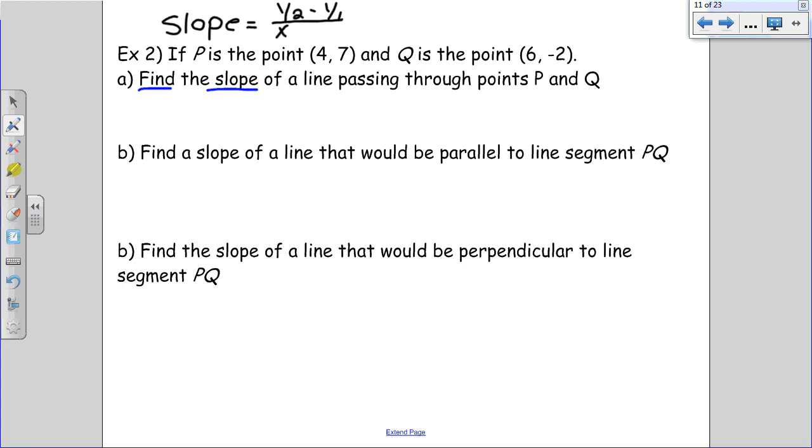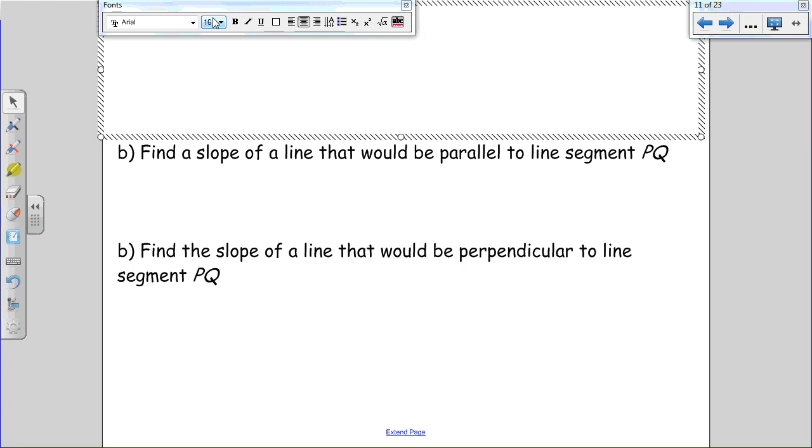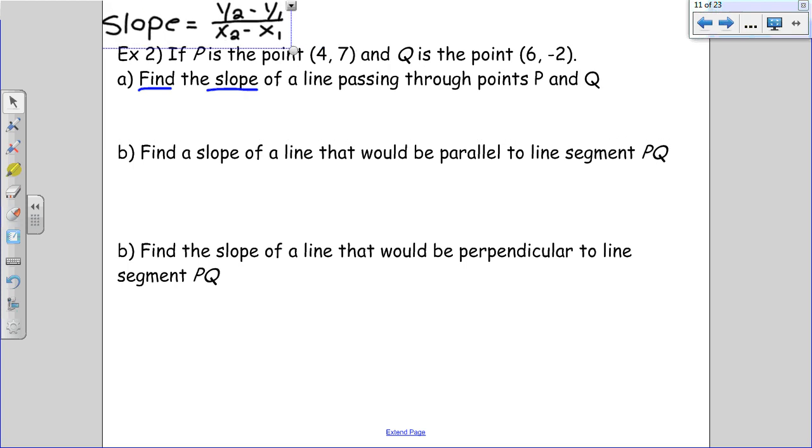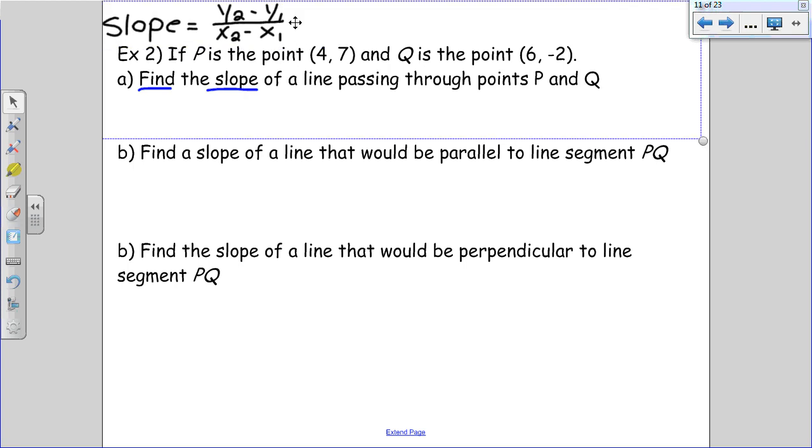It'll always be provided to you, quiz or test, so don't you worry about that. What I do want you to try is to see if you can remember how to calculate slope when given 2 points. So I'm going to give you the opportunity to find the slope between point P and Q using the formula that's right there for you. So give it a shot, see how you do.